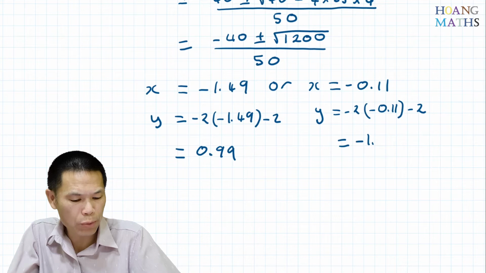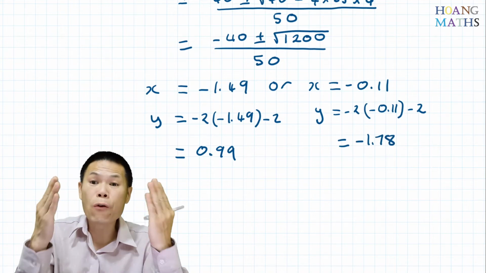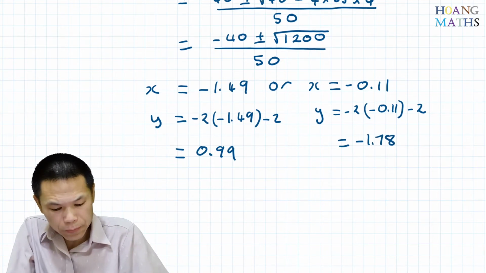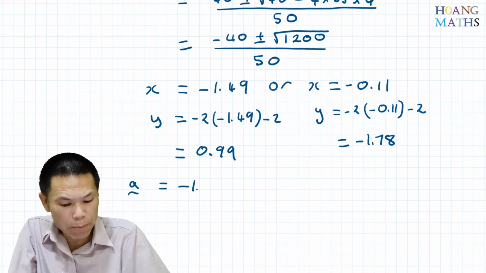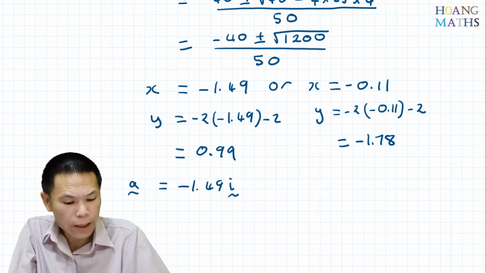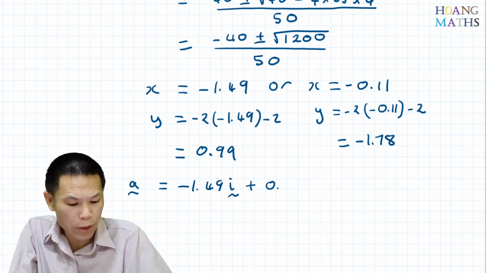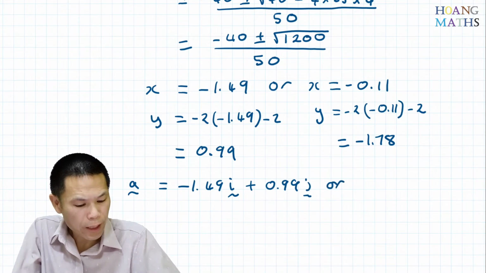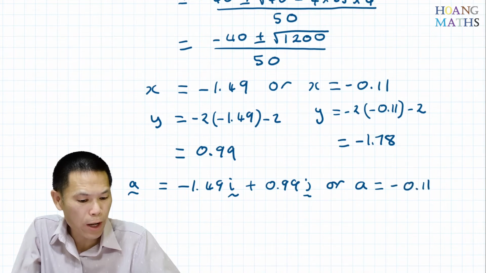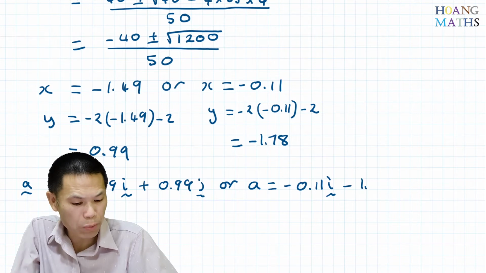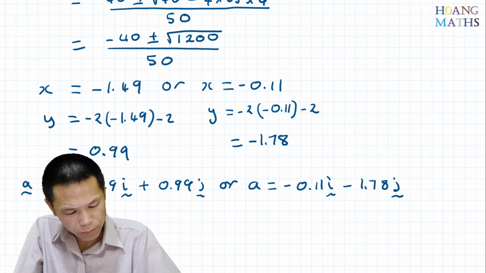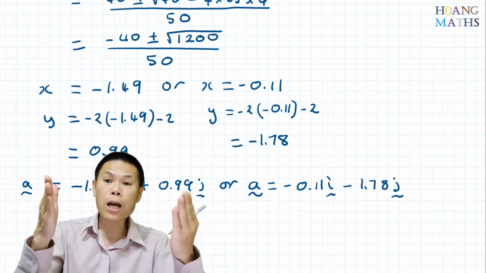So therefore, vector I is equal to, when x is negative 1.49, y equals 0.99 j, or I is equal to negative 0.11 I minus 1.78 j. So vector A there. So there you go.